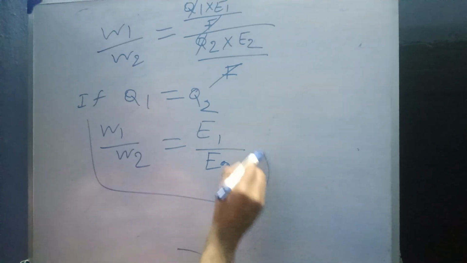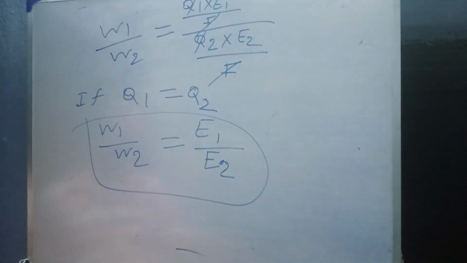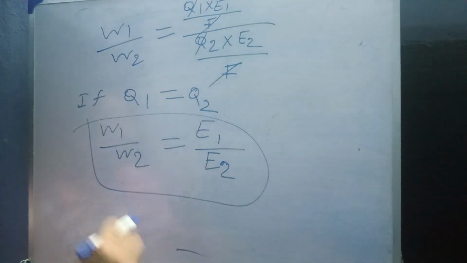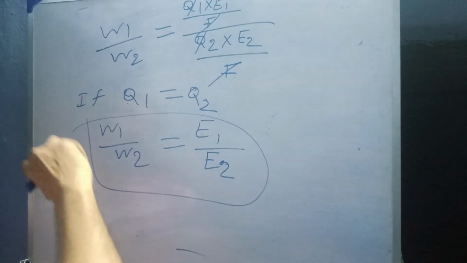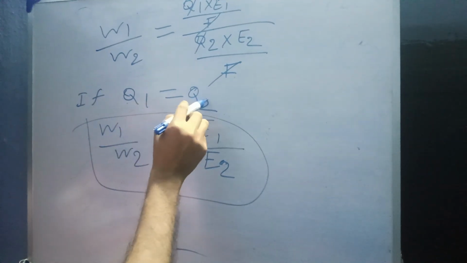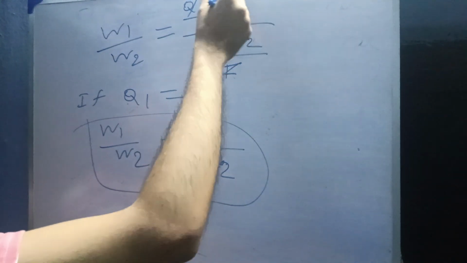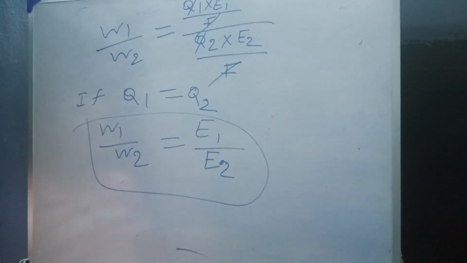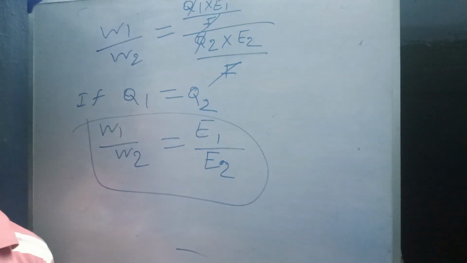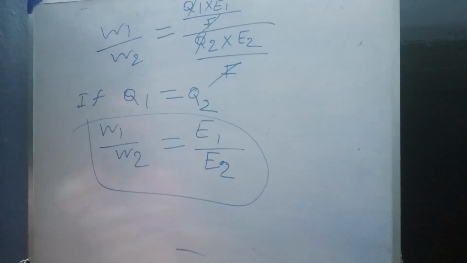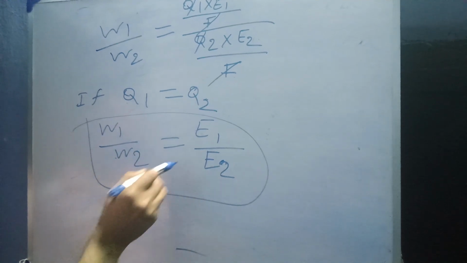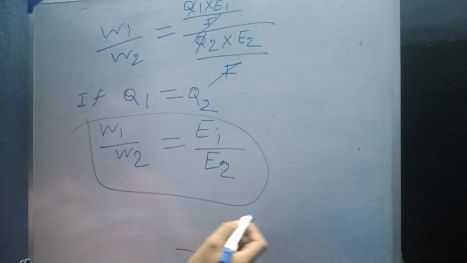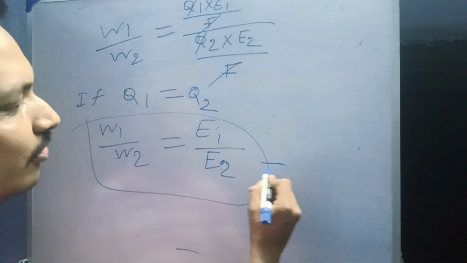So from this we can say that if the same amount of electricity is passed through two different solutions having equivalent weights E1 and E2, and it produces W1 gram and W2 gram of the respective products, then their ratio is equal to the ratio of their equivalent weights. This is also another form of Faraday's second law.